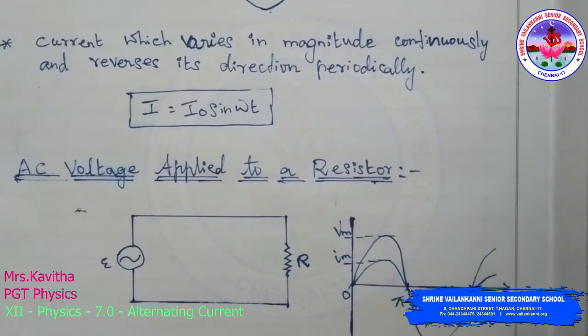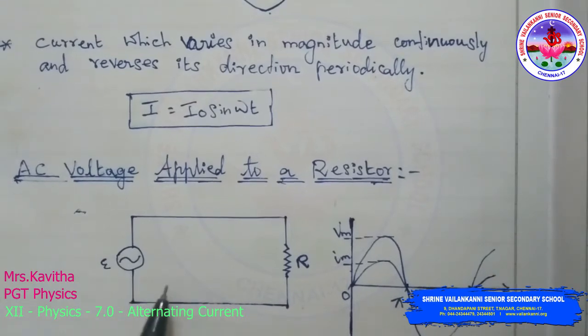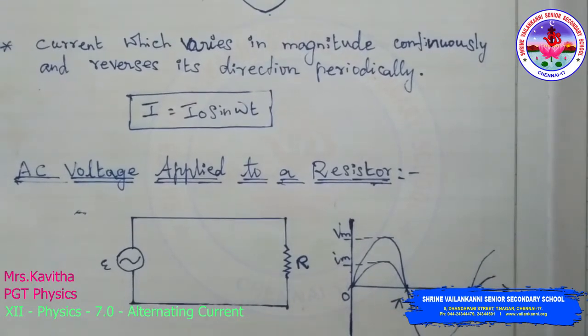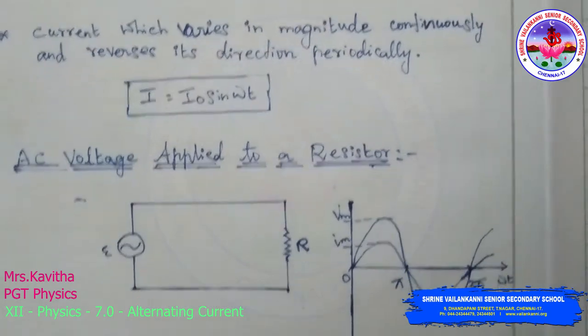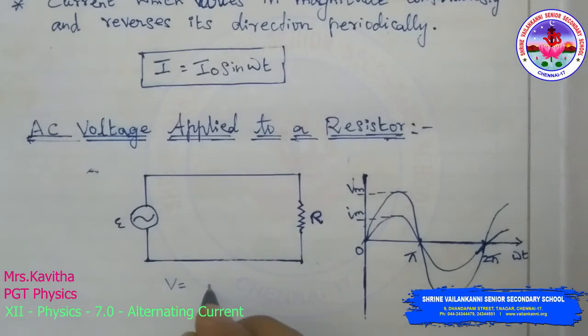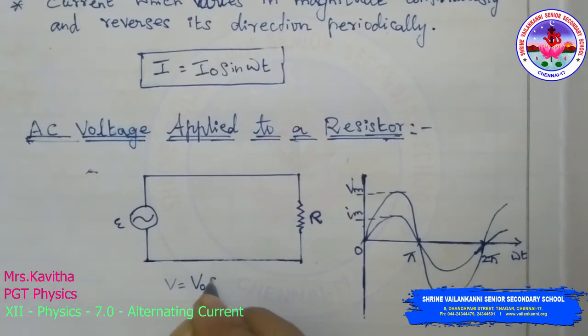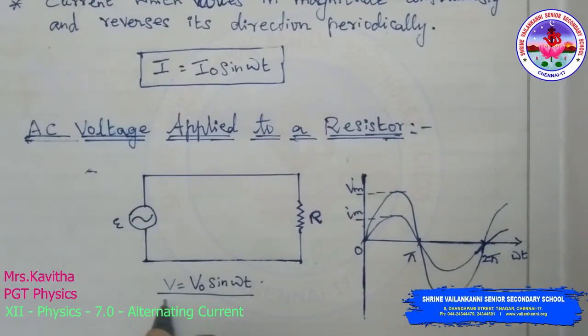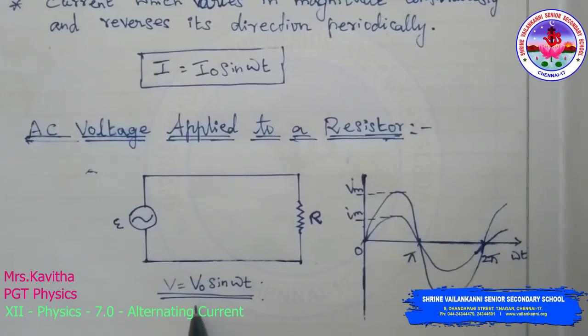We consider a source which produces sinusoidally varying potential difference across its terminals. The potential difference, which we can call the voltage, is given by V equal to V naught sin omega t, where V naught is the amplitude of the oscillating potential difference and omega is the angular frequency.